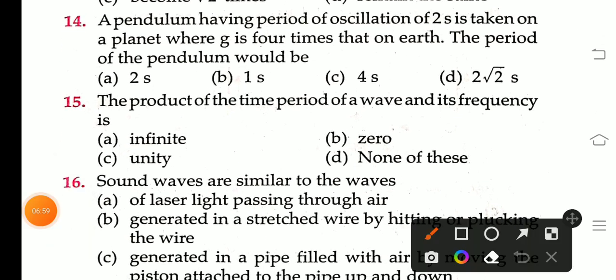Next, a pendulum having period of oscillation of 2 seconds is taken on a planet where g is 4 times that on Earth. The period of the pendulum would be.